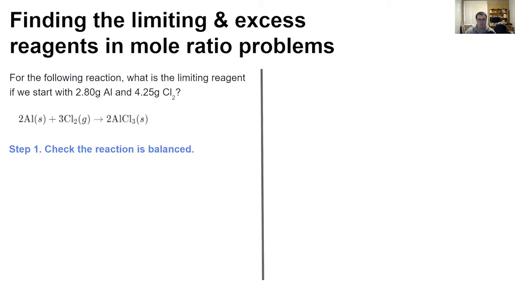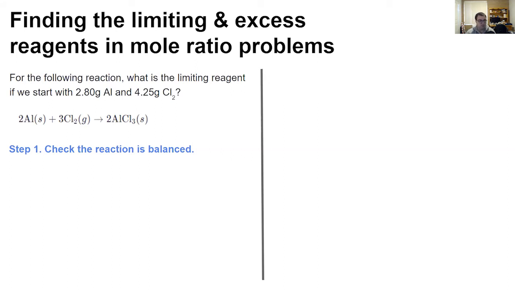All righty. So step 1, we need to check if this reaction is balanced. So let's take a look. We have 2 moles of aluminium on the reactant side and 2 moles on the product side. We have 3 moles of Cl2, so 3 moles of chlorine on the reactant side, and on the product side we have 2 times 3 chlorine, so 6. So we have the same amount of chlorine.